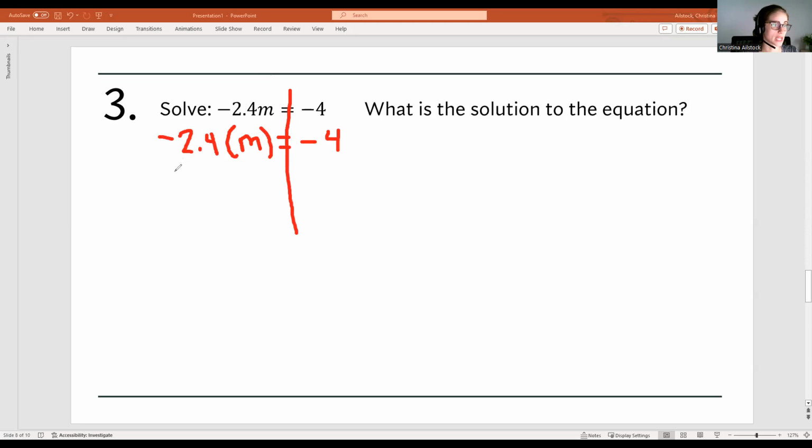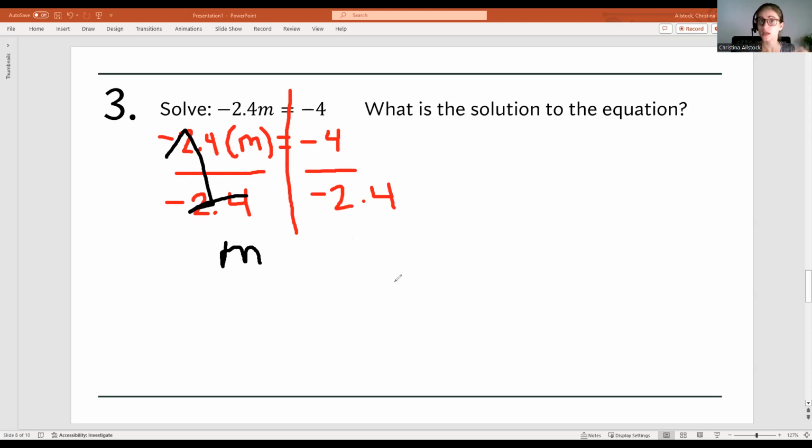The inverse of multiplication is division. We can divide both sides by that negative 2.4. When we divide the same thing by itself, so negative 2.4 divided by negative 2.4, we're just left with 1. But that's okay, because that means I'm left with 1m. And that's what we wanted. We want to know what this one variable means.